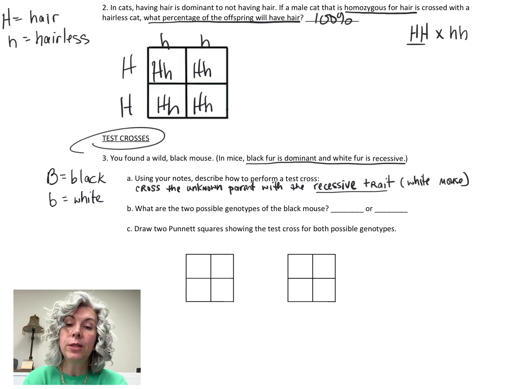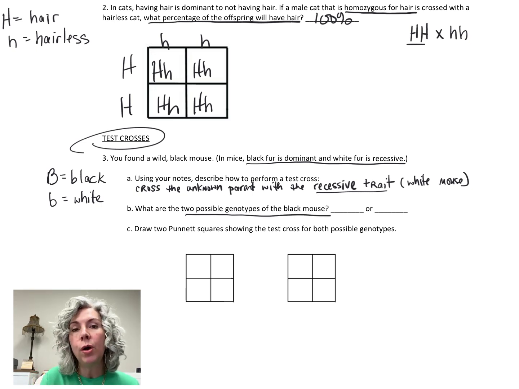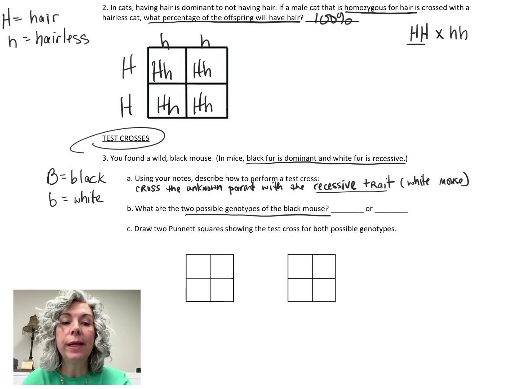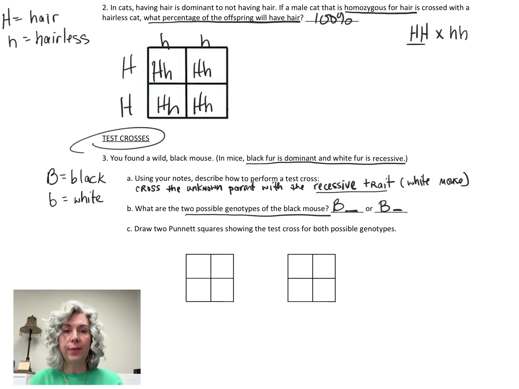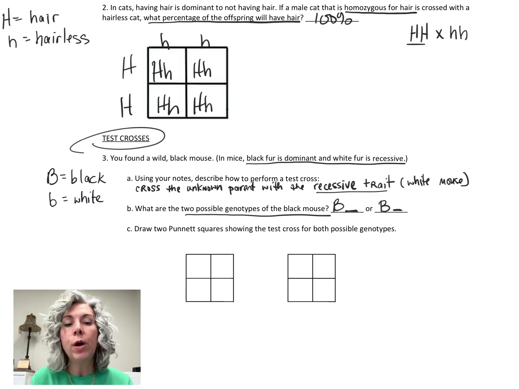Okay, so let's look at this. Letter B, what are the two possible genotypes of the black mouse? Now remember, we don't know what the genotype of the black mouse is. We just know it at least has the dominant trait. So what could the other allele be? That's what this question is asking. What are the 2 possible genotypes? We know it's got to have a capital B because it's black. What could the other allele be?